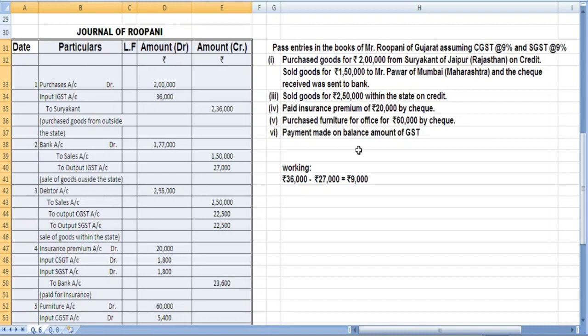Now if there is no balance in input CGST, then there is no problem, but if there is a balance in input CGST, the output will be adjusted with the input, and then the balance will be paid off.